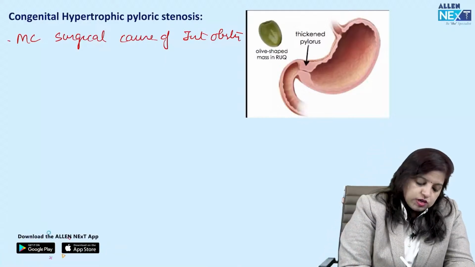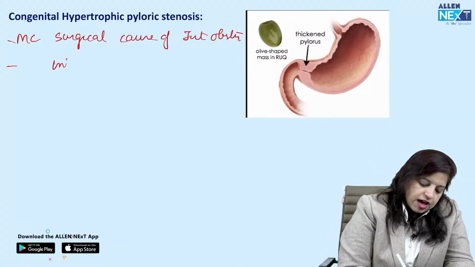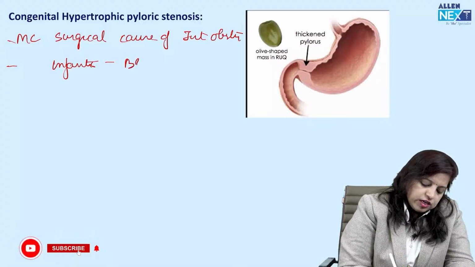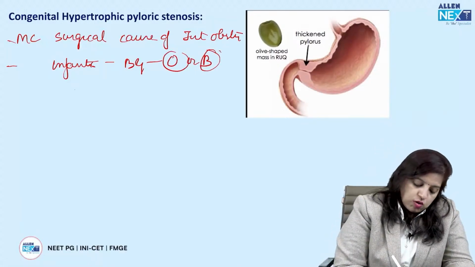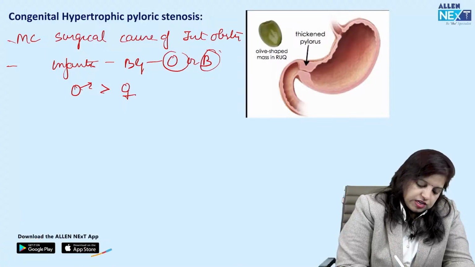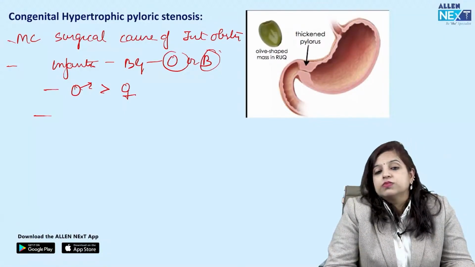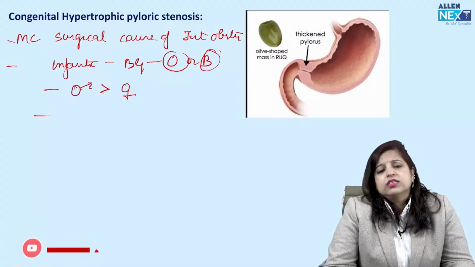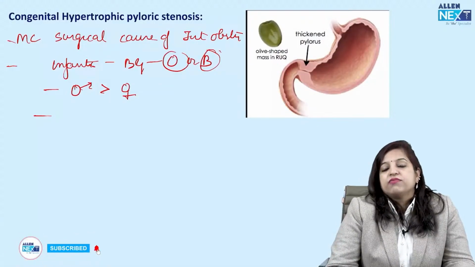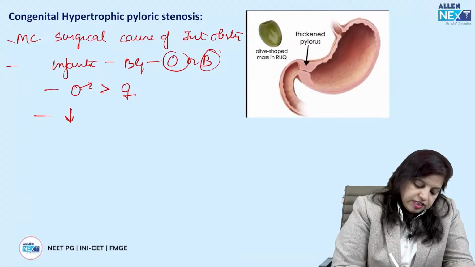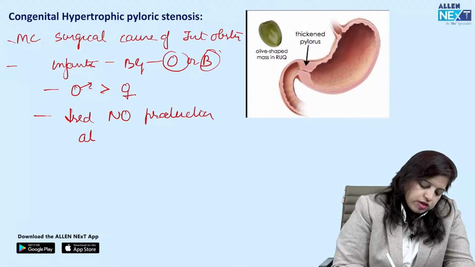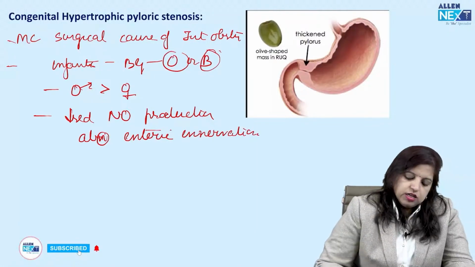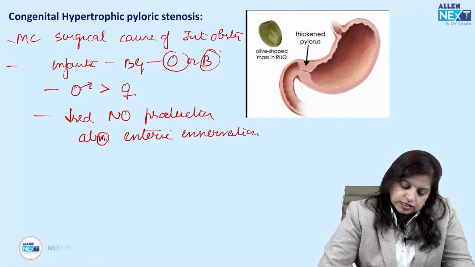And it is very common in infants having blood group either O or B, and usually more commonly seen in males than females, very importantly. Some theories have been proposed that it occurs because of decreased nitric oxide production, or there is some abnormal enteric innervation which gives rise to this problem, right? Then, so we get to see this thickened pylorus.